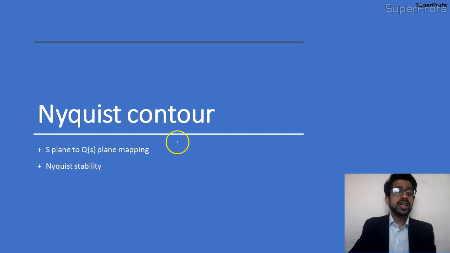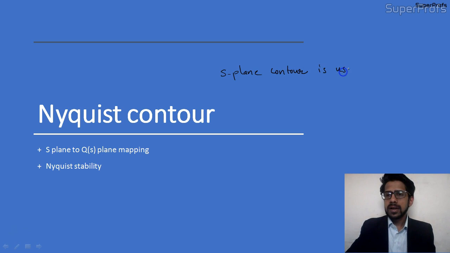By the G of S H of S plane contour. Let us see what Nyquist did with the principle of argument. As I already mentioned, the S-plane contour is user defined.